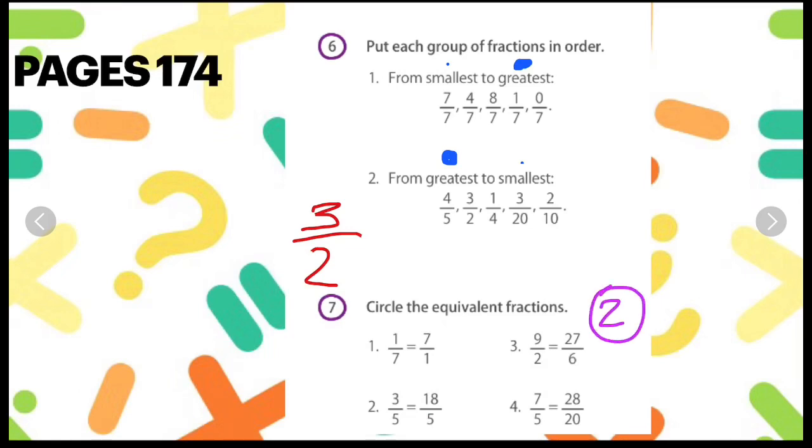So you have to see how they're equivalent. You either multiply or divide to have this result. I suggest, if you can, multiply. If not, then simplify. You decide, according to what the fraction is telling you.